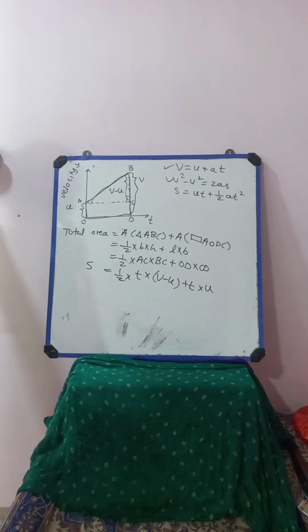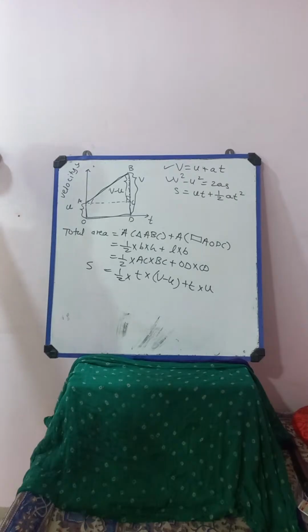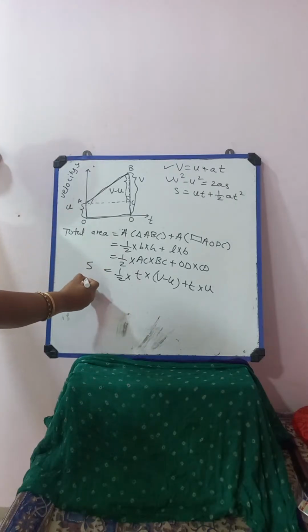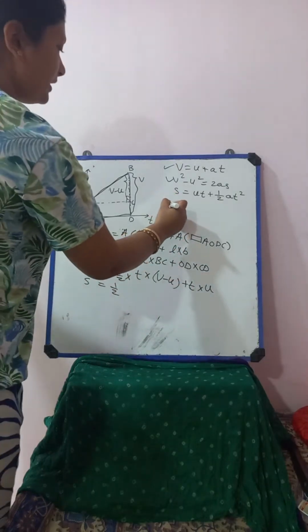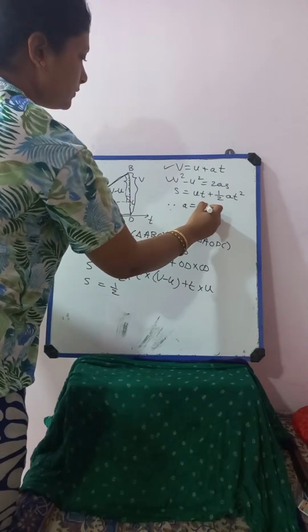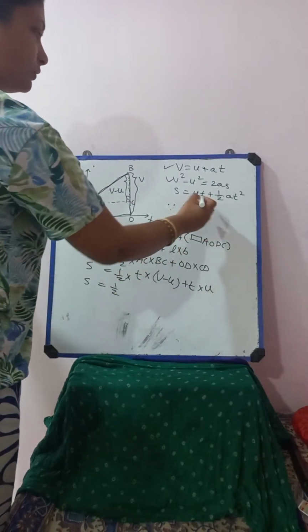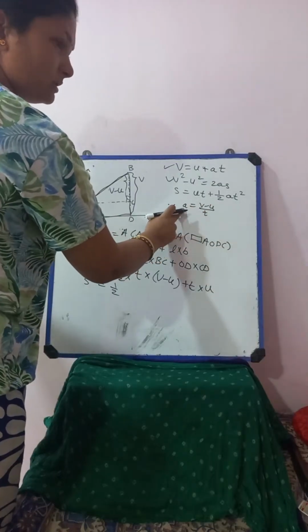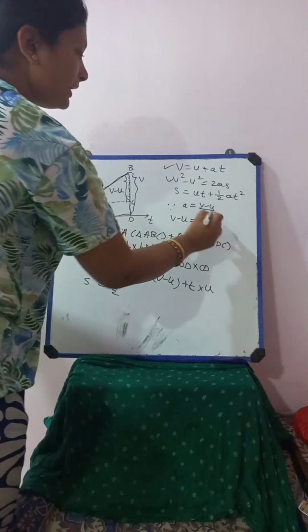Once you get this, we have to substitute the values. So we have S is equal to half into V minus U. See, already I did A is equal to V minus U by T, and here I have V minus U. So I will transpose this T to this side. So V minus U is equal to AT.